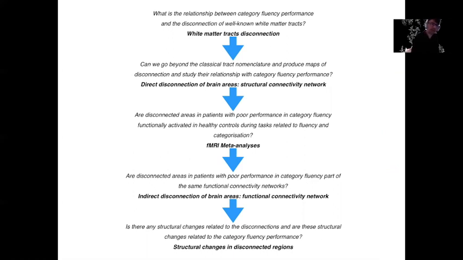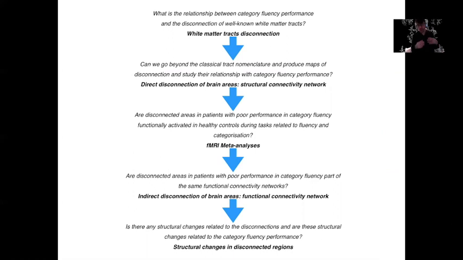And I mean, okay, so I need to have afferents and efferents from regions that communicate together in order to produce this category fluency performance.